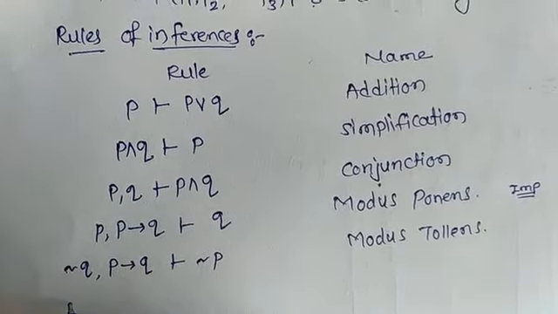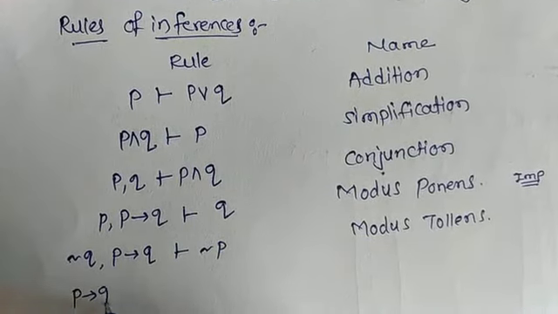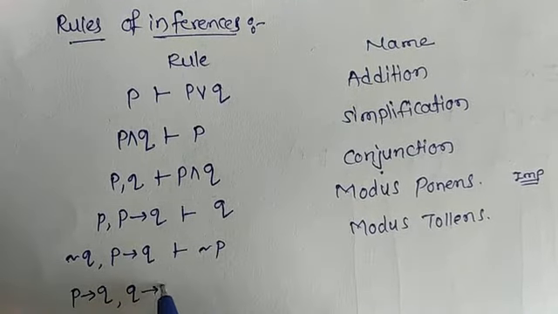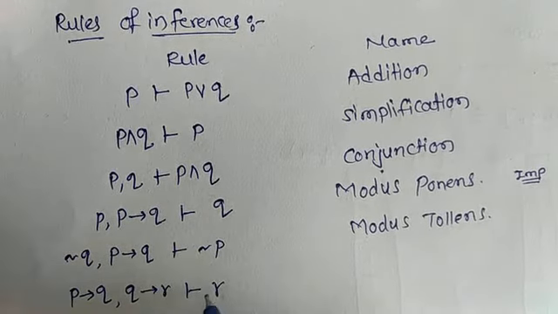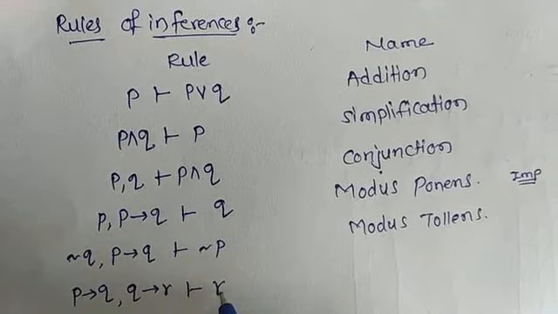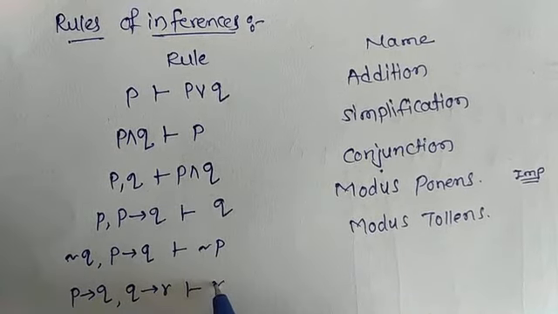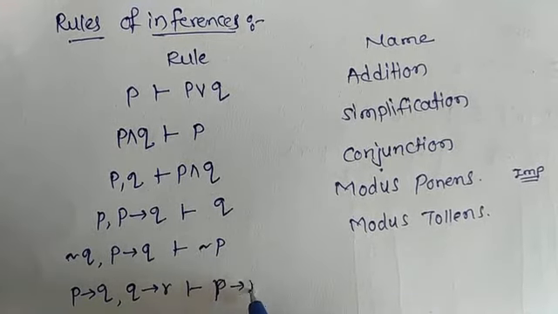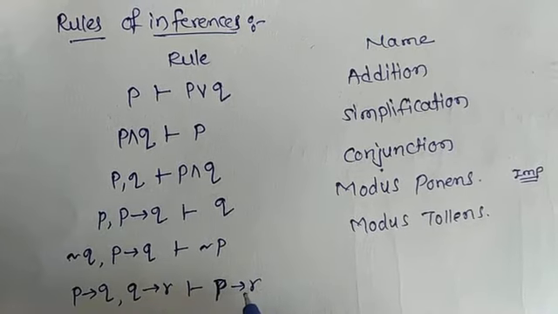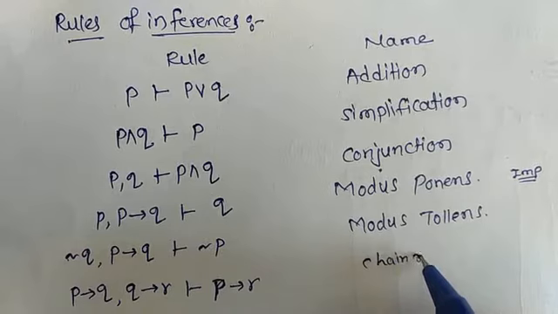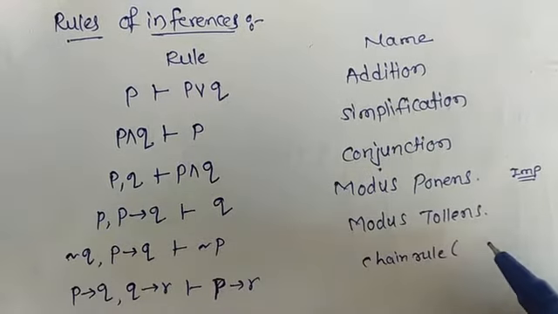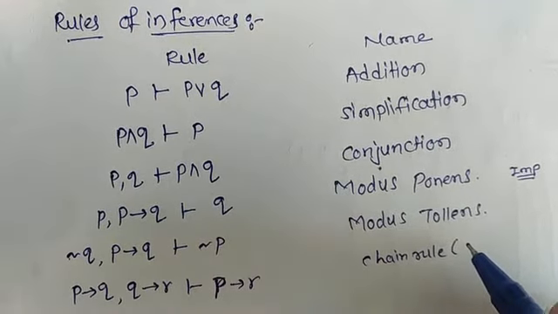Next, P implies Q comma Q implies R concludes P implies R. It is known as the chain rule, or also known as hypothetical syllogism.